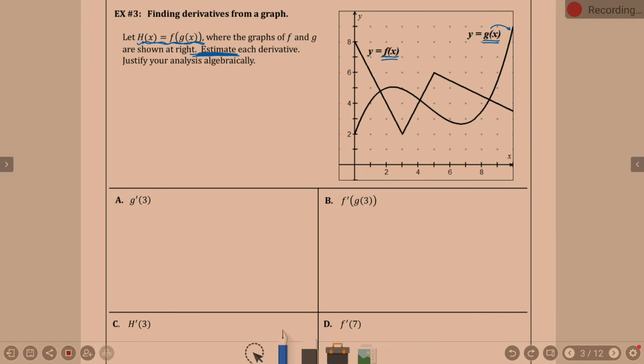Okay, G prime of 3. Thoughts on G prime of 3? So G is my curvy graph.